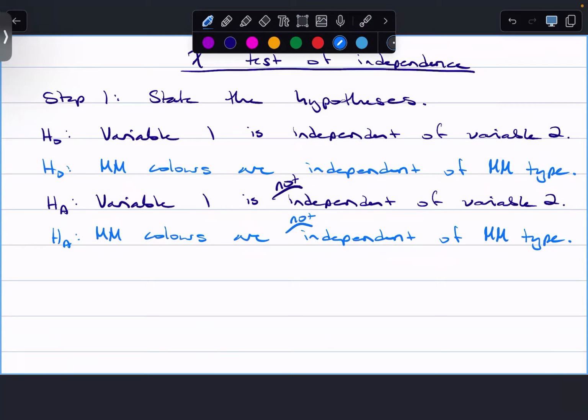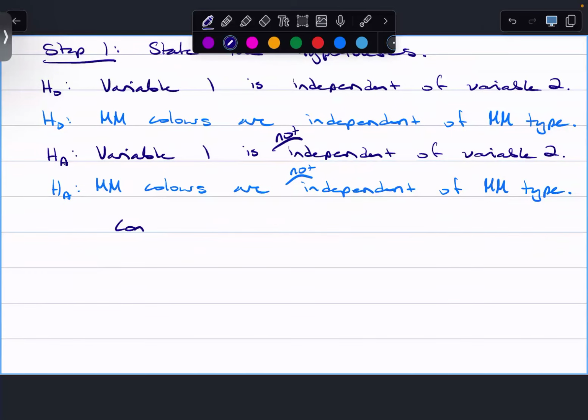You could say dependent instead of not independent, but I typically just say not independent because it's easier for me to think about binary situations, right? It's either independent or not independent. And so there we have our null and alternative hypotheses.